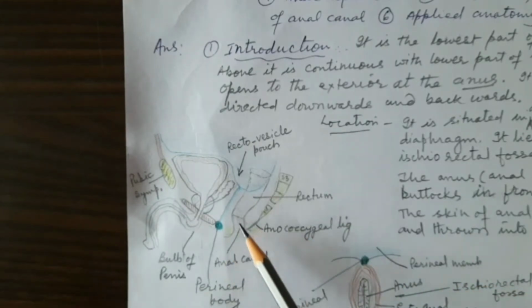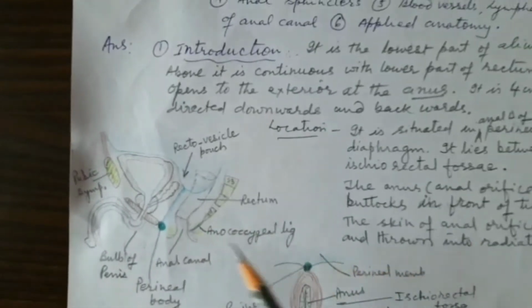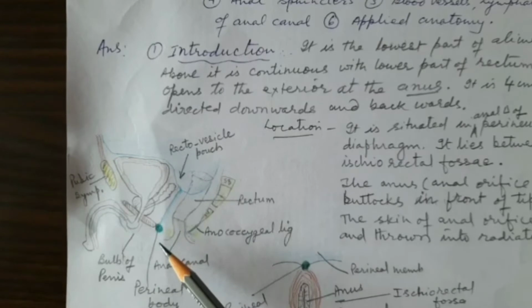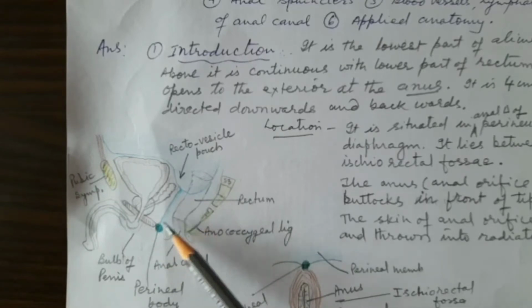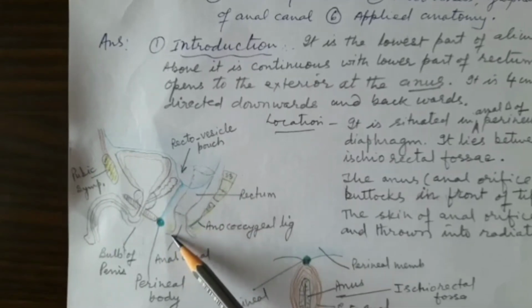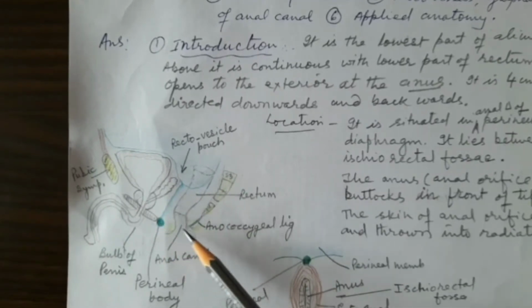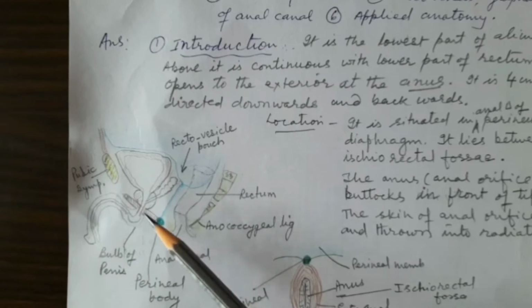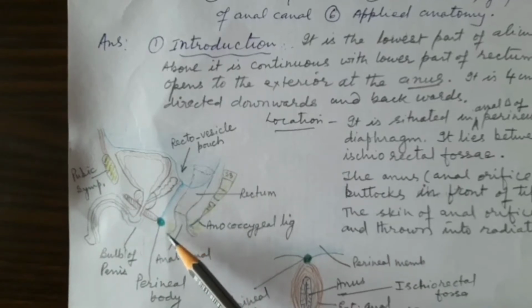Location we have already seen, but let us see it again. It is situated in the anal triangle, not anterior. It is located in the anal triangle of the perineum below the pelvic diaphragm, and the pelvic diaphragm is formed by the levator ani and coccygeus muscle, which we have already learned in the previous video.